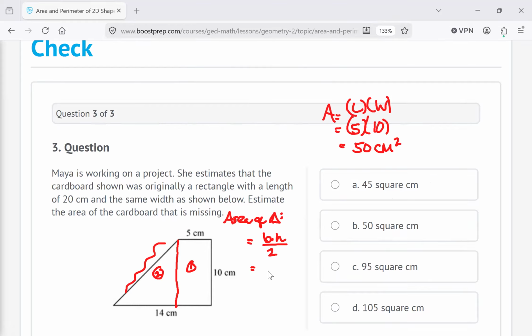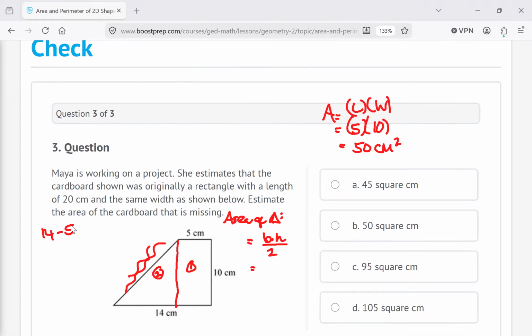I think to find this missing side length here, you just simply do 14 minus 5.